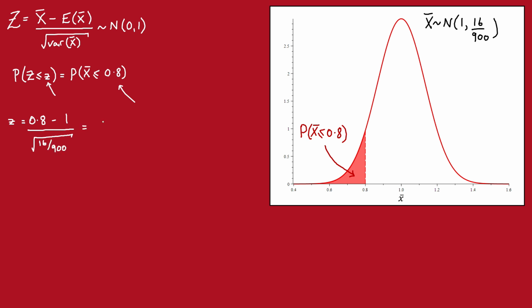And this is the same as minus 0.2 divided by 4 over 30, which is the same as minus 1.5. So what that means is that the probability that x bar is less than or equal to 0.8 is the same as the probability of randomly sampling an observation from the standard normal being less than or equal to minus 1.5.